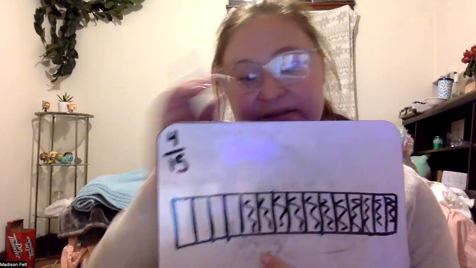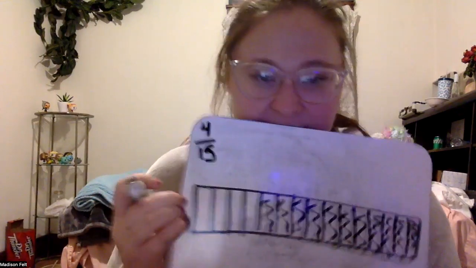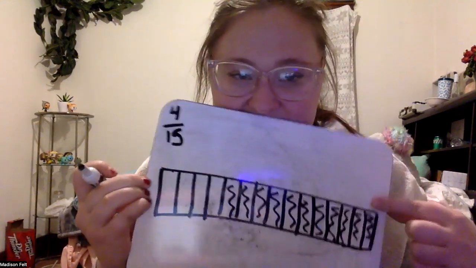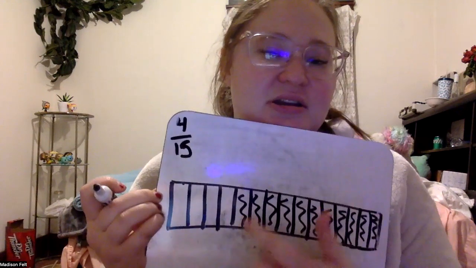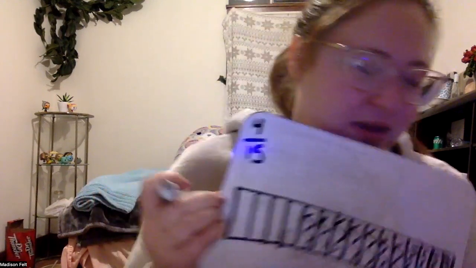Now we have 4/15 left of the paycheck. So I'm going to shade in everything except for 4/15. This shaded area is already spent. This empty part is what we have left.